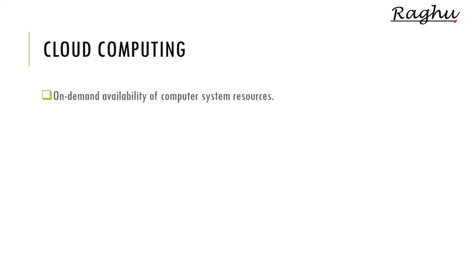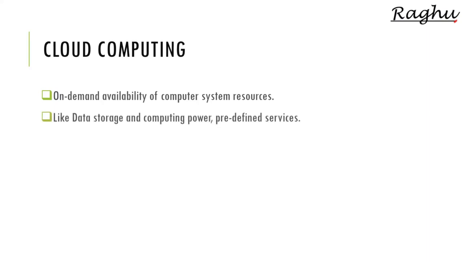The definition says on-demand availability of computer system resources. There is a cloud service provider. They say we have physical machines with us, like servers we already kept at some place in the globe. Those can be accessed from any location. So you can access those, pay rental for those, and handle your applications.